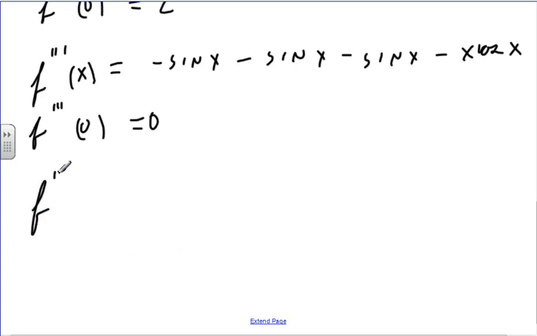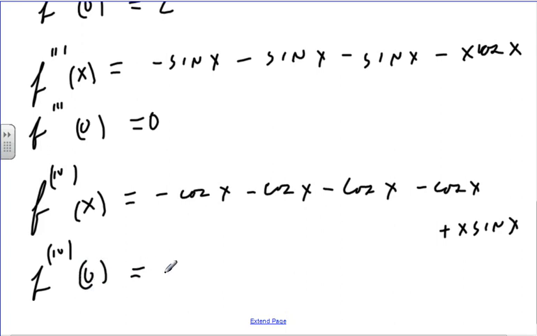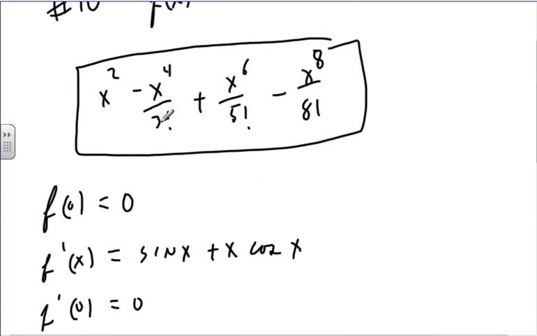The fourth derivative is going to be minus cosine, minus another cosine, minus another cosine, minus another cosine, plus x sine x. So the fourth derivative at 0 is going to be minus 4. Okay, is minus 4 right? When we come back up, yeah, minus 4.